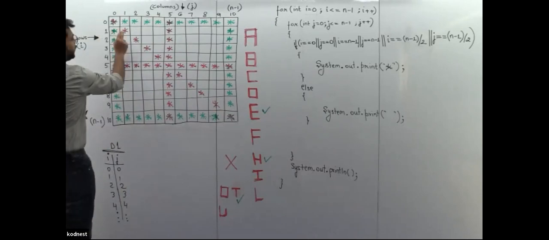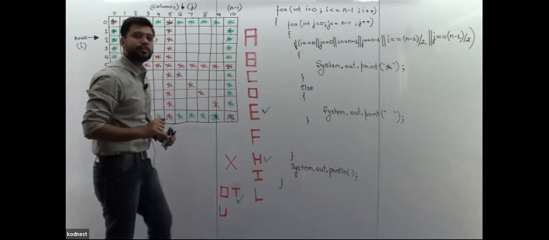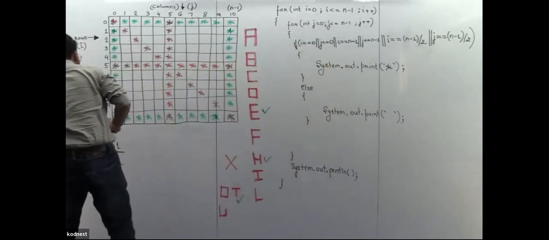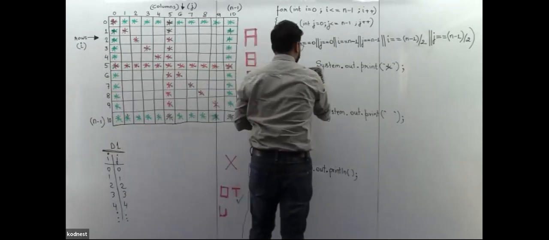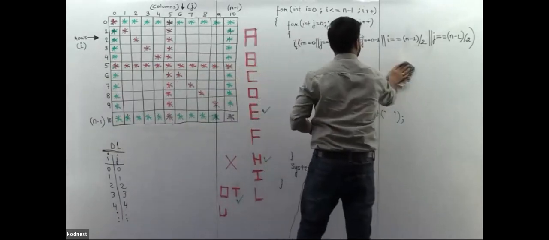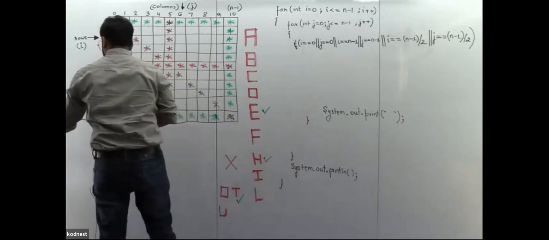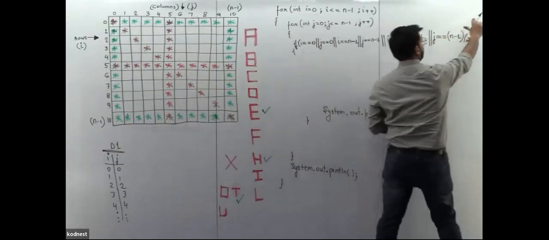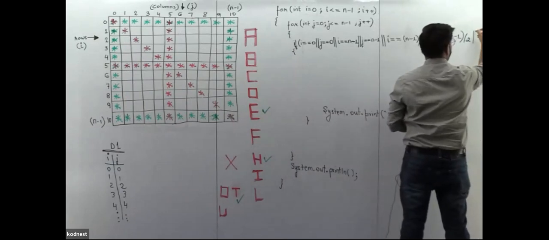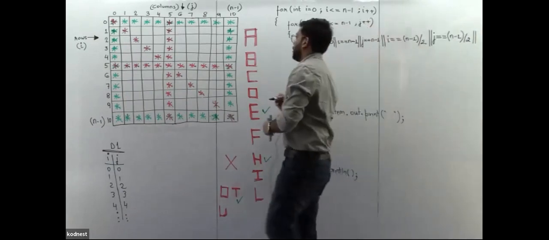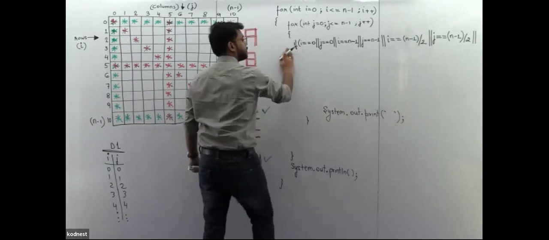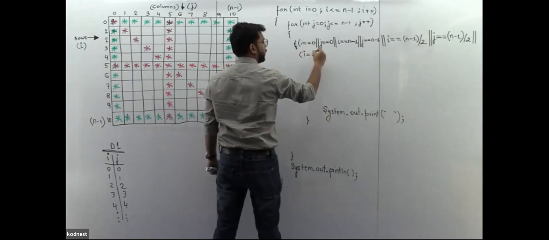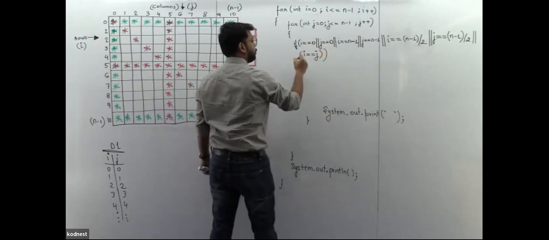Means you are printing the stars whenever your i value and j value are the same. So I will continue here. After this I am putting one OR condition, and I am telling it: whenever i and j are both the same, print the star.